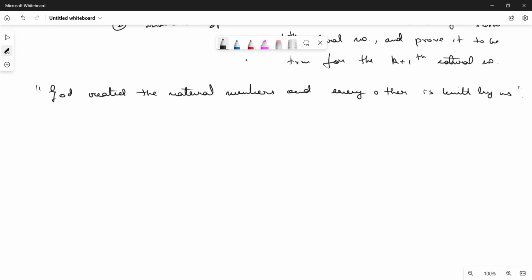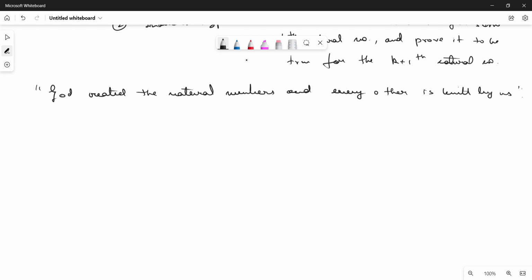I don't remember whose quote this was. The reason behind this quote is simple: we actually don't know when the natural numbers were built, but we have some reasoning in our mind about how it might have been built. So we are going to discuss that.